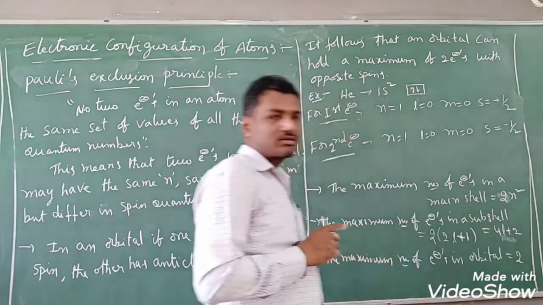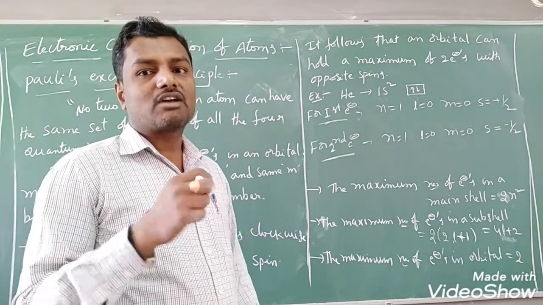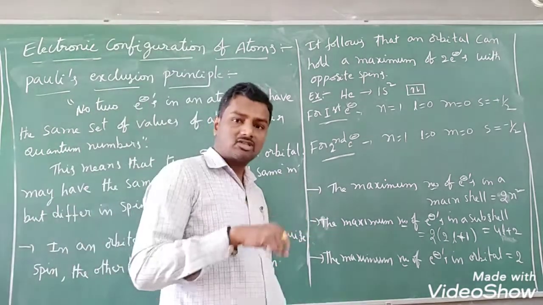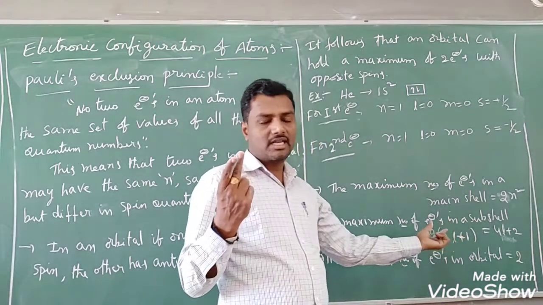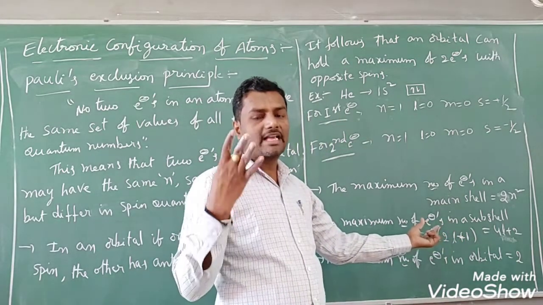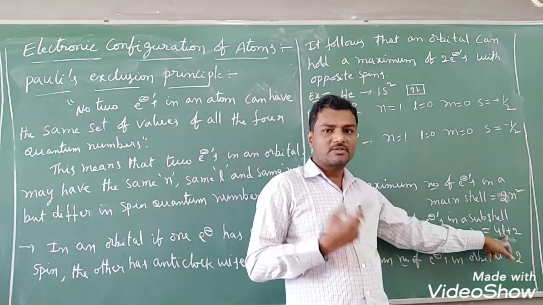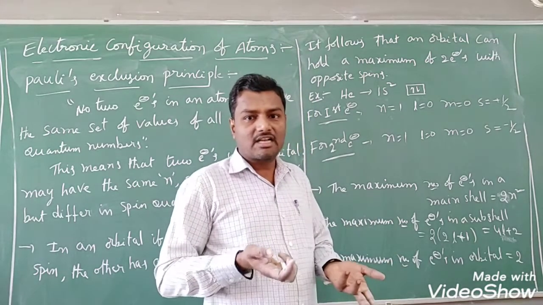So 4l plus 2. What is l here? Azimuthal quantum number. The azimuthal quantum number defines the sublevel or subshell. If l equals 0, how many electrons can we maximum accommodate? 2 in s subshell. In p subshell, maximum 6 because 3 orbitals are present. l equals 1, you substitute. Definitely you will get 6 electrons, right? d subshell, l equals 2.